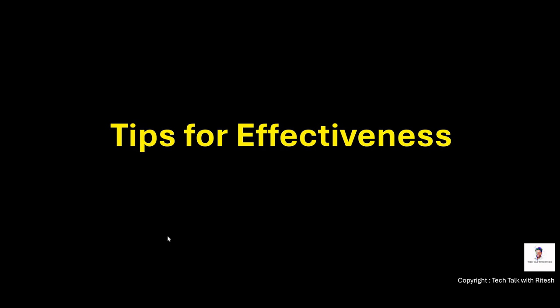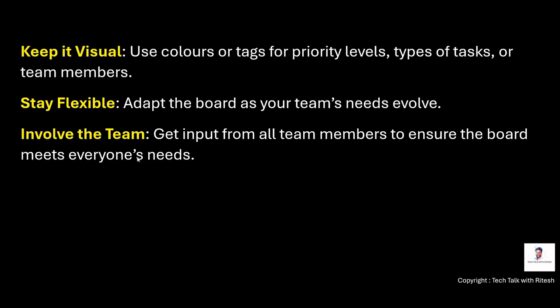Let's see a few tips for effectiveness of Kanban. First thing is, keep it visual, because visual means it will be interactive. Use colors or tags for priority labels. Tags are nothing but, if we are using a digital dashboard, those platforms provide a tags feature.